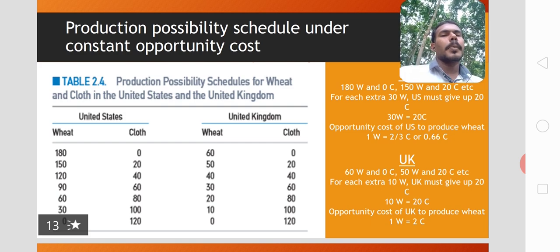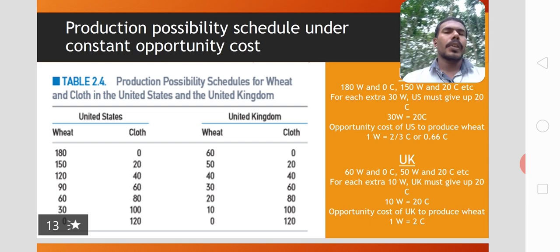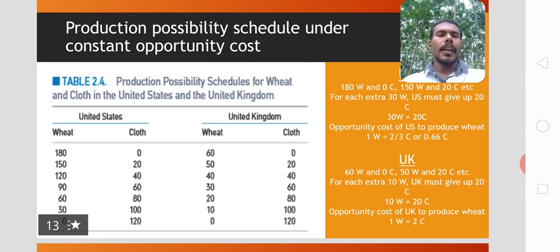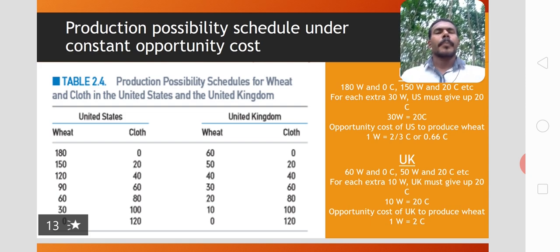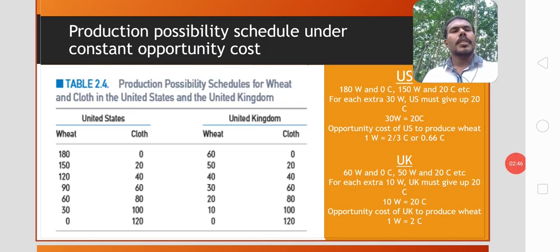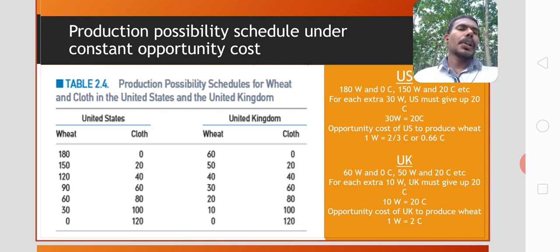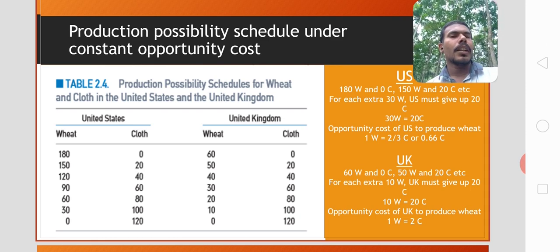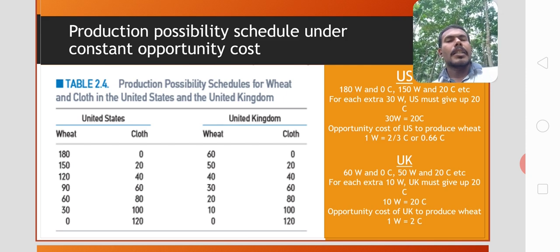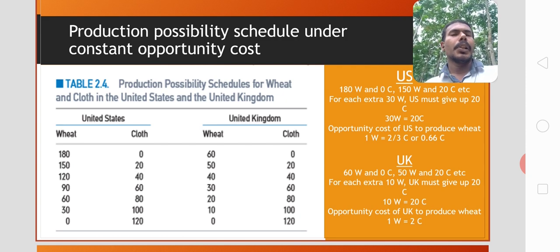This is the maximum production capacity of the United States to produce wheat in our example. Suppose the United States is not producing wheat and producing only cloth, that is 120 of cloth and 0 wheat. That means the US is specializing completely in cloth.